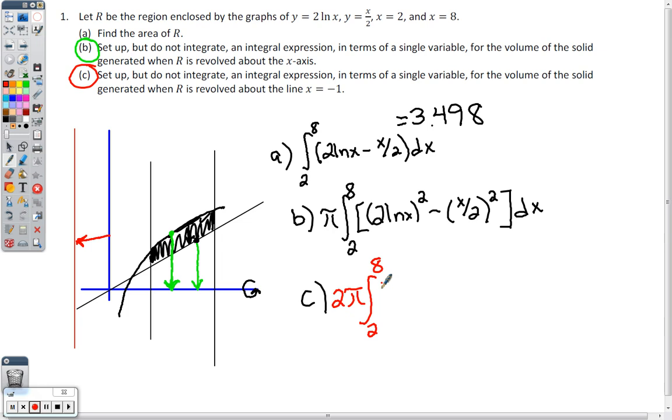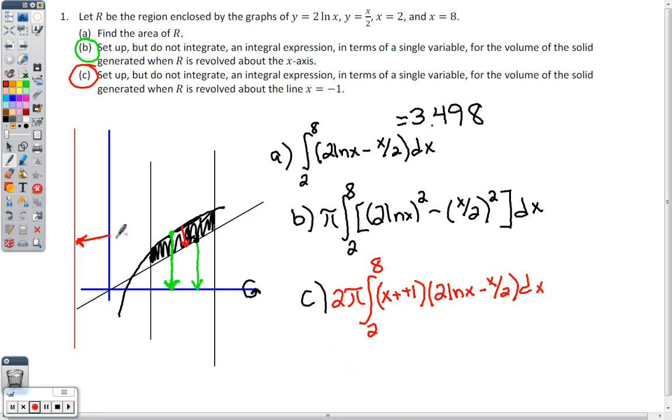So we're going to say x minus the line, and the line was -1, so x plus 1. And then the height is just the height of our function. And the height of the function was 2 natural log of x minus x over 2 dx.